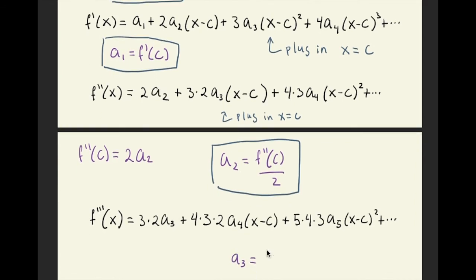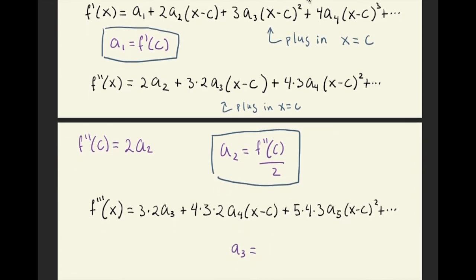Plugging in x equals c again, on the left we see f prime prime prime of c, and on the right we see 3 times 2 times a3. All the other terms are 0.